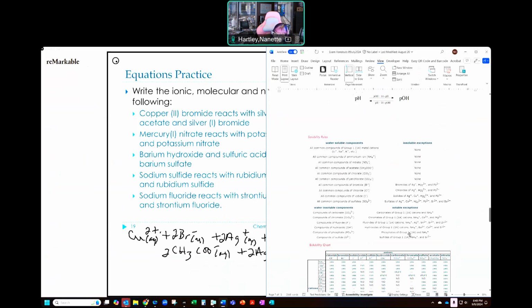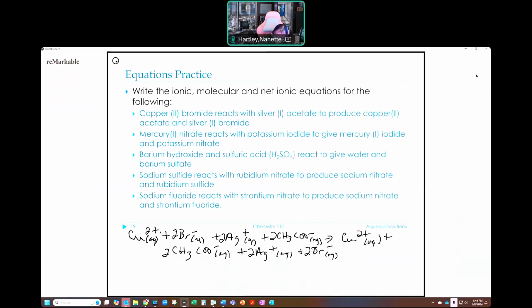Instead of this being like I wrote it, that Ag plus and that Br minus should not be written as aqueous components. I need to erase this and write it instead as 2AgBr solid. So that's my ionic equation for that.